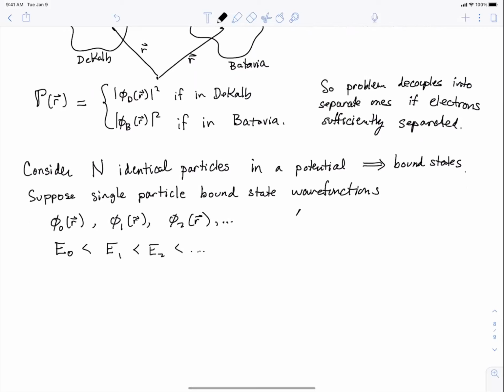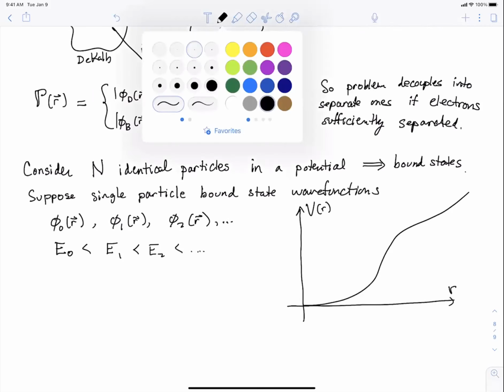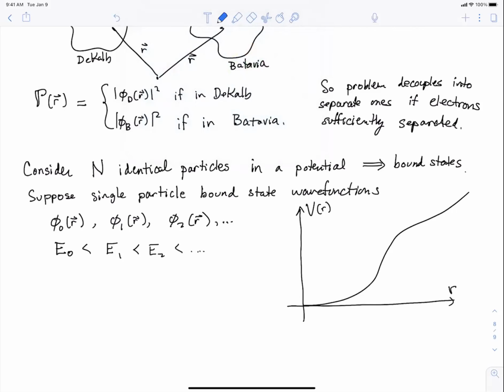And so just to draw a picture, let's say my potential V of r looks like this, sort of schematically. This is my radial coordinate. And then one wave function would be the ground state. We know from the variational principle that it might look something like that. So that's phi 0.